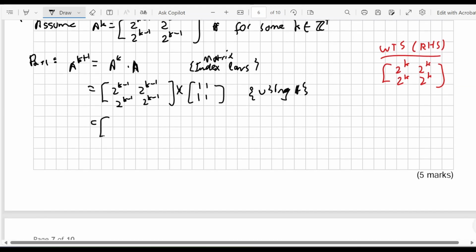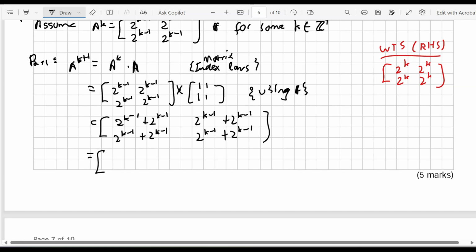All right, if we expand this out and multiply it, so it's 2 to the k take 1 plus 2 to the k take 1 in all spots. This is 2 lots of 2 to the k take 1 in all spots.